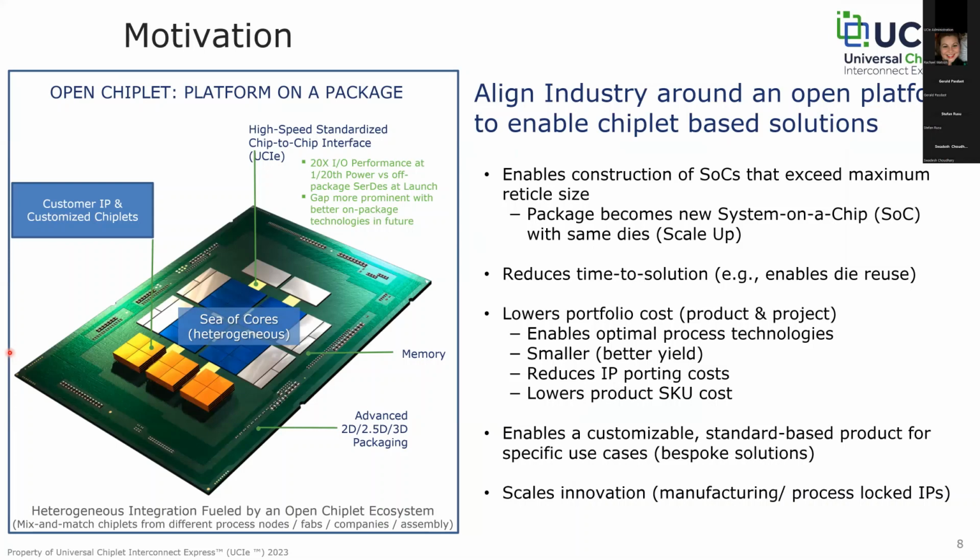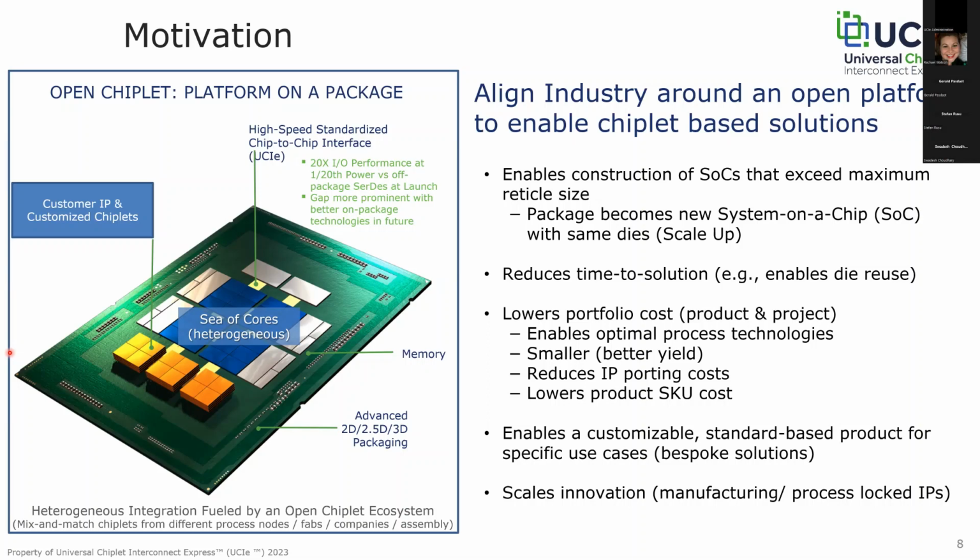So what is the motivation of UCIe? The fundamental goal is to align the industry around an open platform for enabling chiplet-based solutions. So if we take a look at the cartoon picture on the left, at launch, UCIe provides 20x the I/O performance at 1/20th of the power versus off-package SerDes.